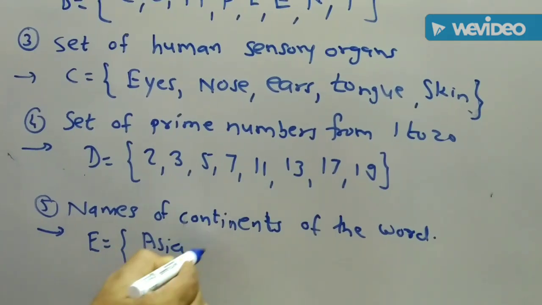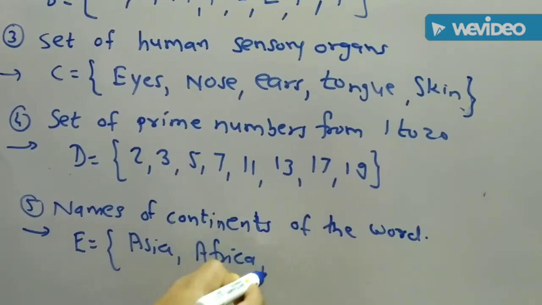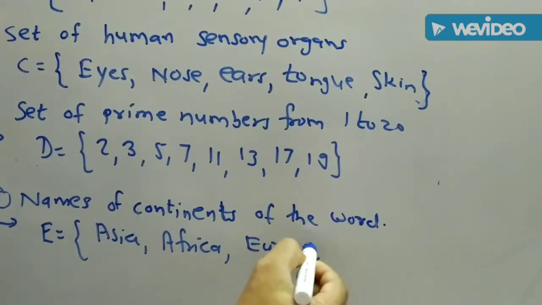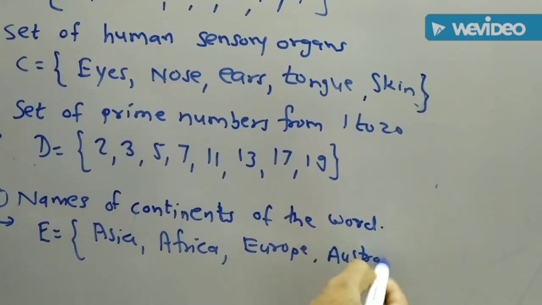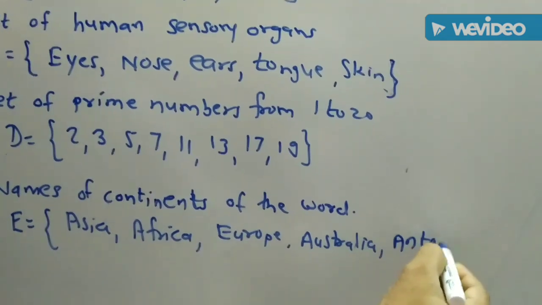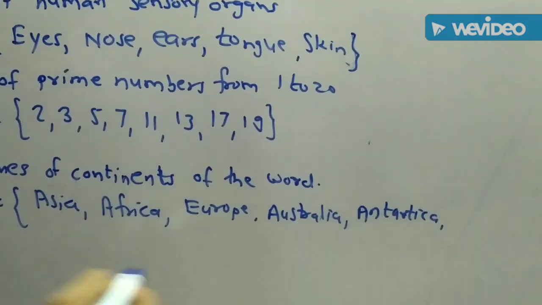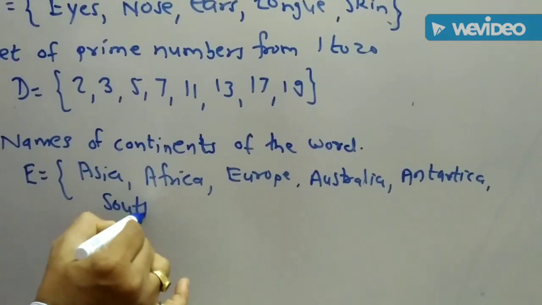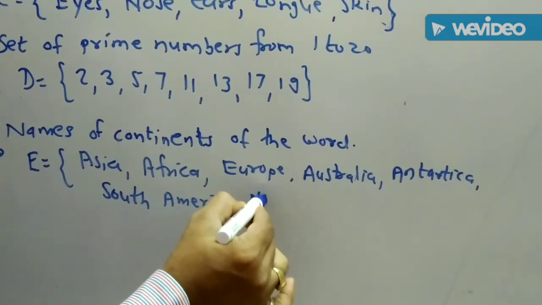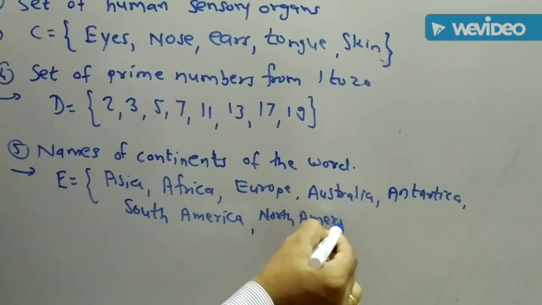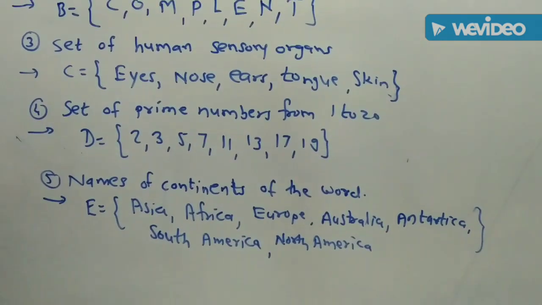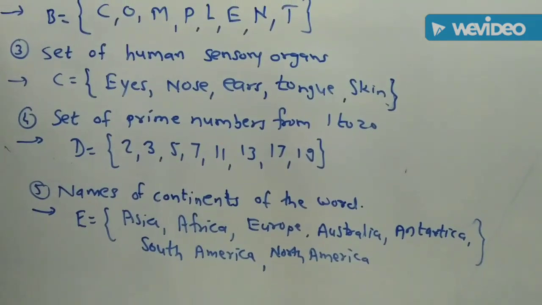Asia, then Africa, Europe, then Australia, Antarctica, South America and North America. These are the continents of the world. This is the fourth example that we have to write by using the listing method.